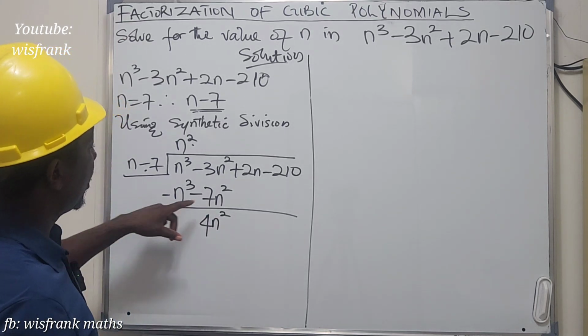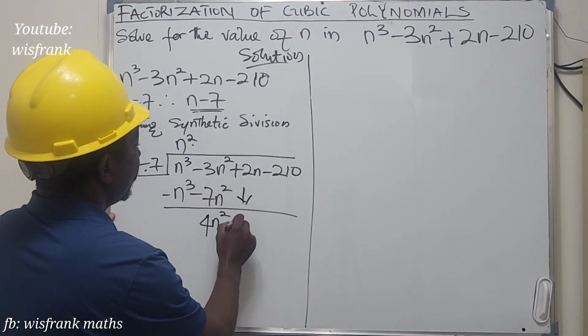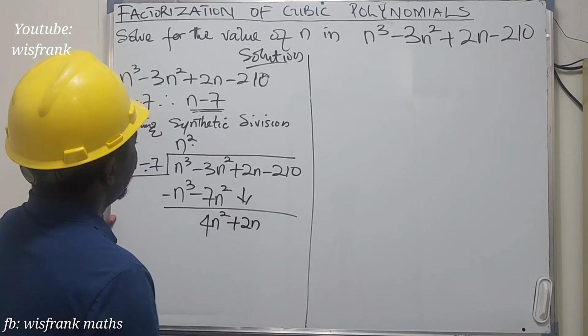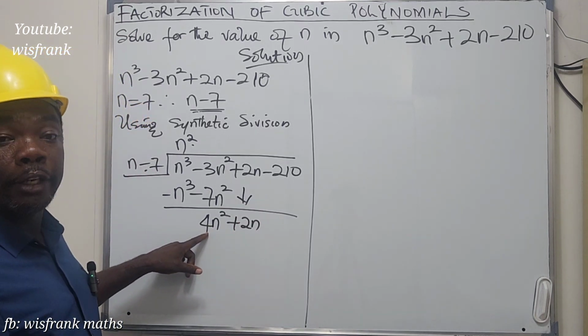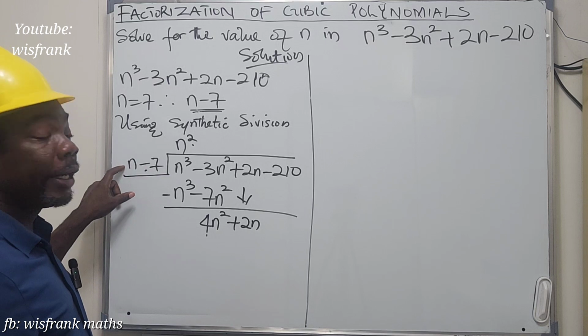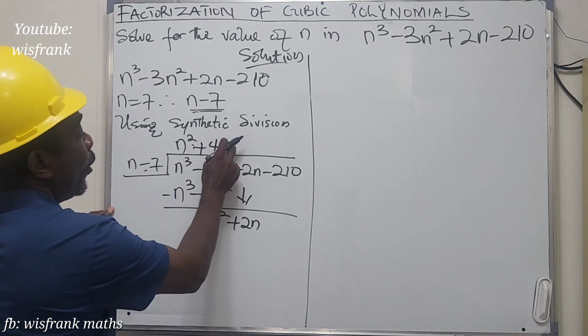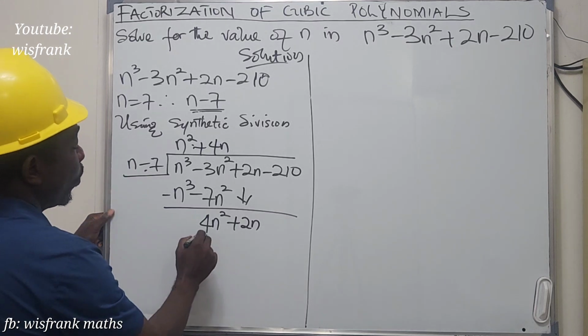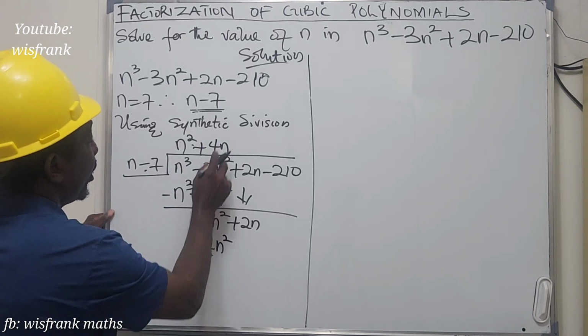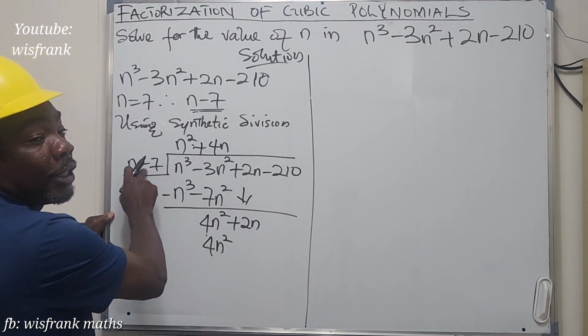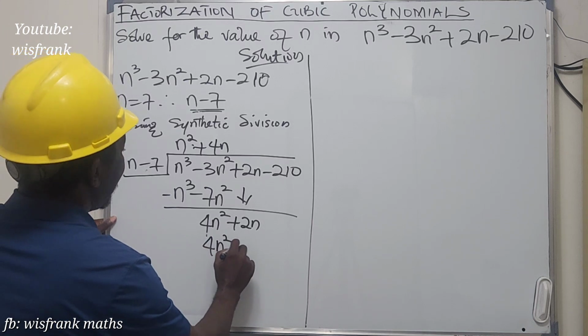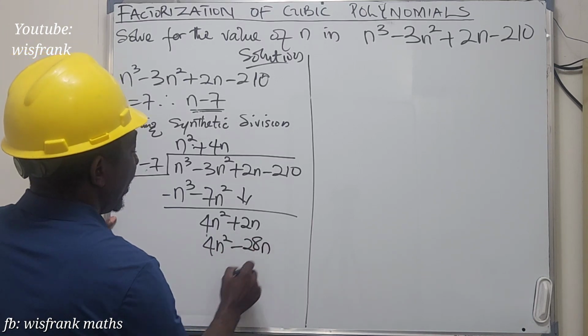So in this case, we need to bring down this, so we have plus 2n. The next one, 4n to the power of 2 divided by n, will give us plus 4n. 4n times n will give us 4n to the power of 2. Then 4n times minus 7 will give us minus 28n.